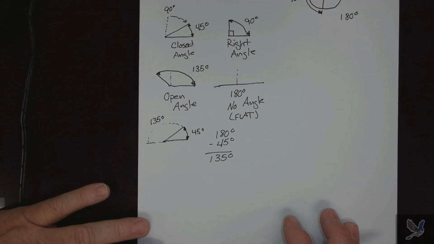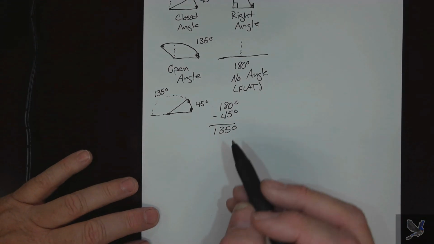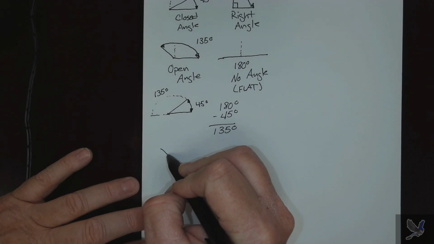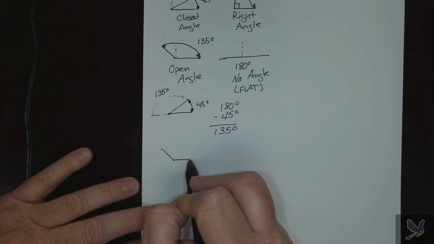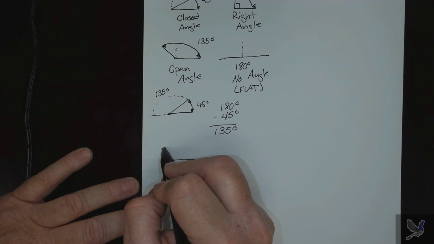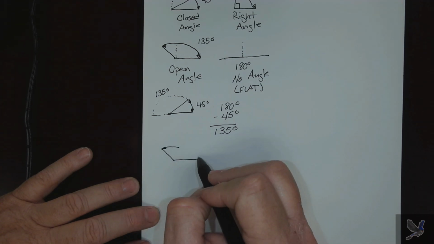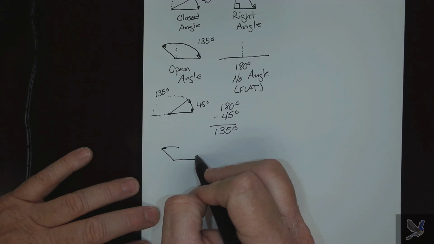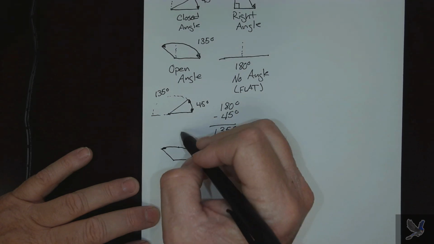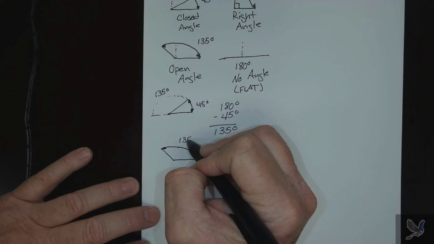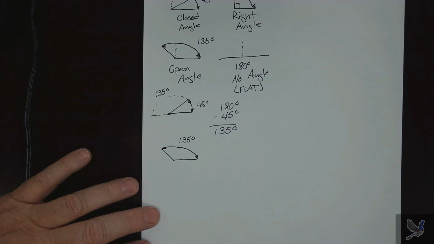Let's do one more just to make sure we're super fast and super efficient. This time we're going to have an open angle, and once again we're going to use 135 degrees. Why? Well, I know the math and I like it. It's just a cardinal angle.